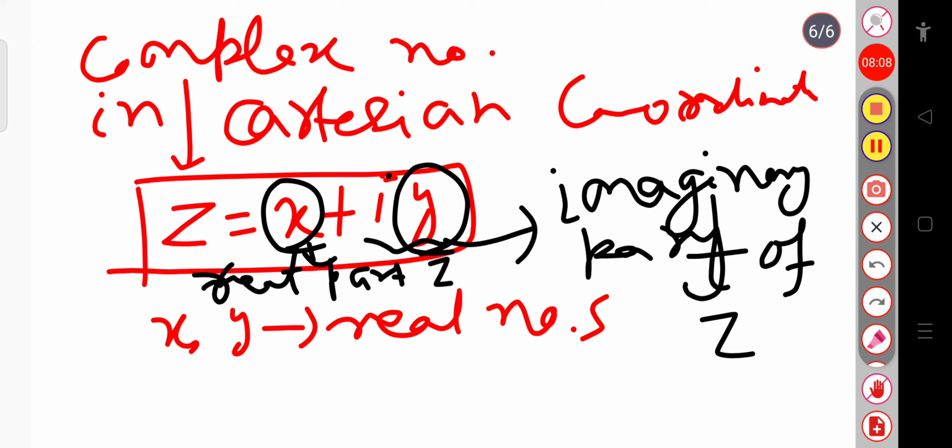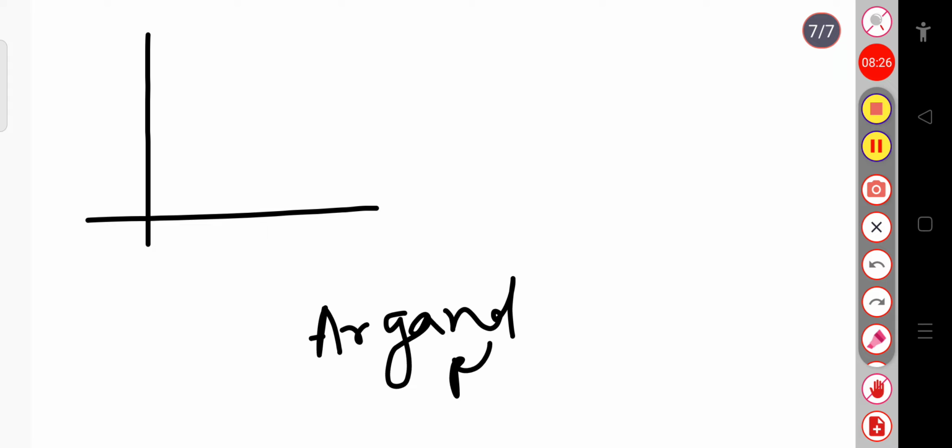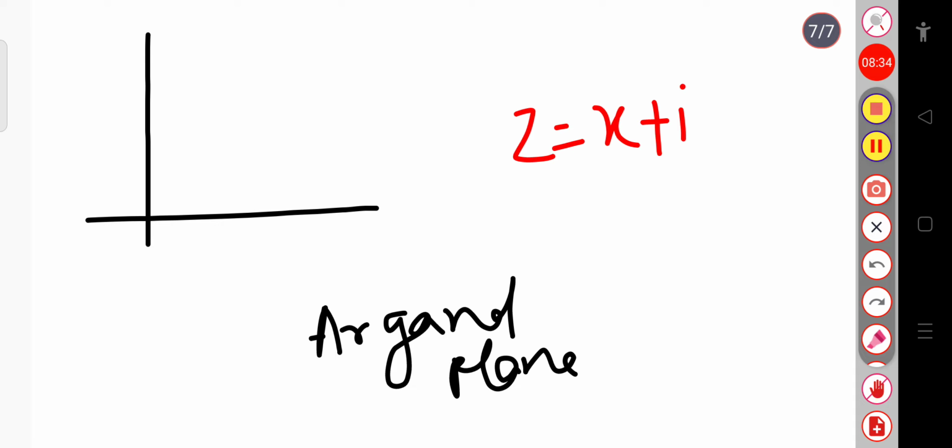As in the Cartesian coordinate system, we need a Cartesian coordinate system to represent the Cartesian coordinate point, and here in the complex plane we need an Argand plane, where we will represent the complex number. Here we are denoting z as x plus iy. x is the real part of z and y is the imaginary part of z.